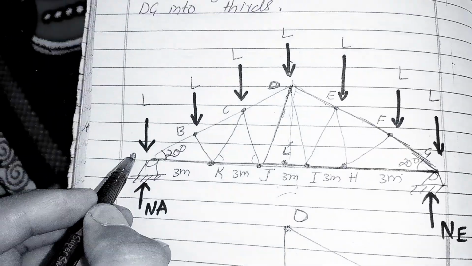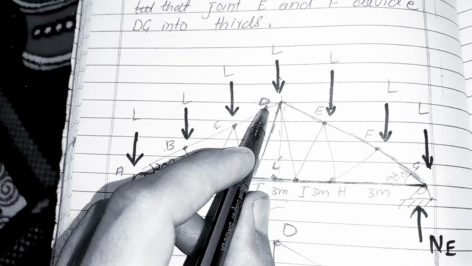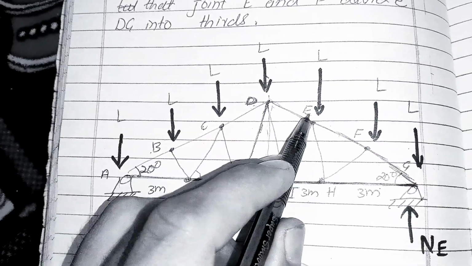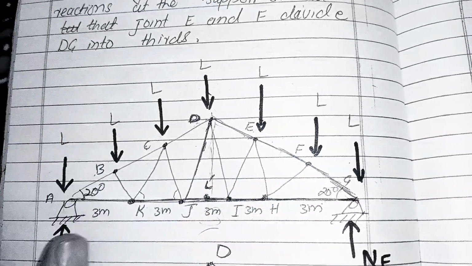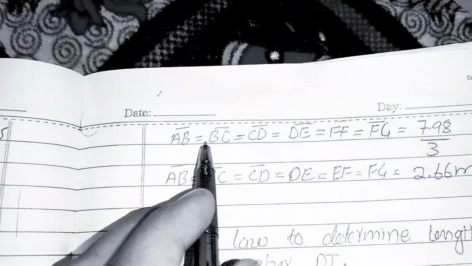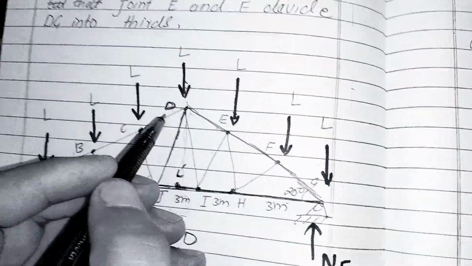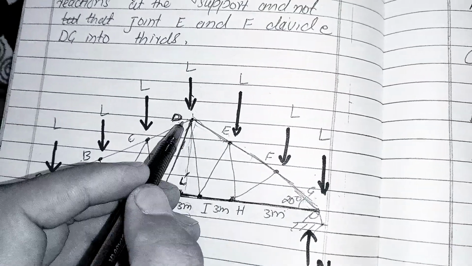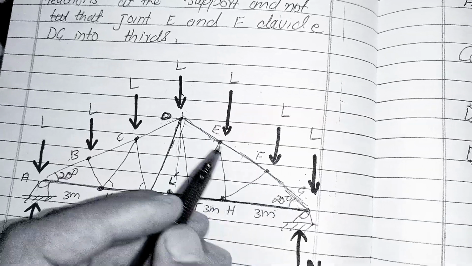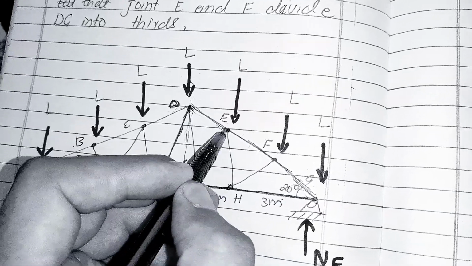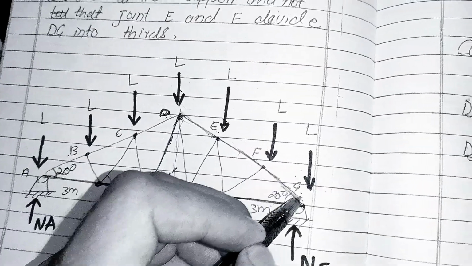We know that the AB length is equal to BC length, equal to CD length, equal to DE length, equal to EF length. All these lengths are equal. So we divide this DG length of 7.98 by 3 segments, and we can easily find the DE length, EF length and FG length.